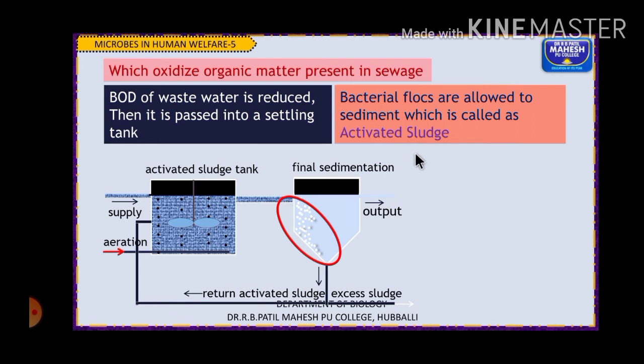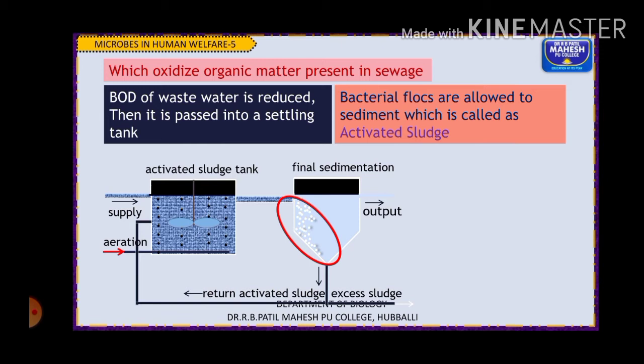Remember these terms: primary sludge. I told you what primary sludge is, children. It is the concentrated material which had settled down during primary treatment, that is after filtration and sedimentation. Next, during secondary treatment, whatever sediments have settled down along with those microbes is called the activated sludge.